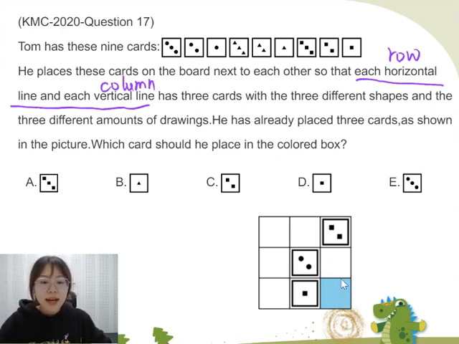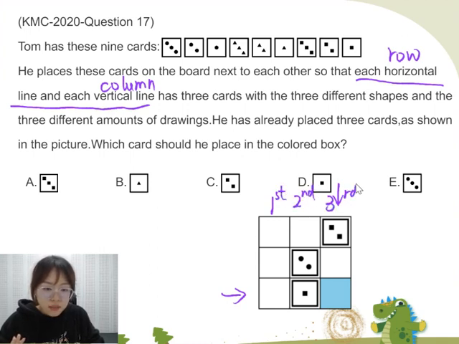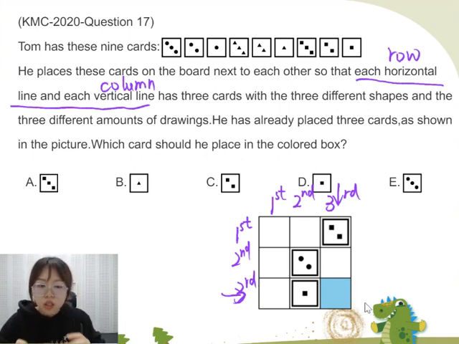Let's observe first. This colored box belongs to this column and this row. If I name them first column, second column, third column, and first row, second row, third row, this colored one is in the third column, third row.